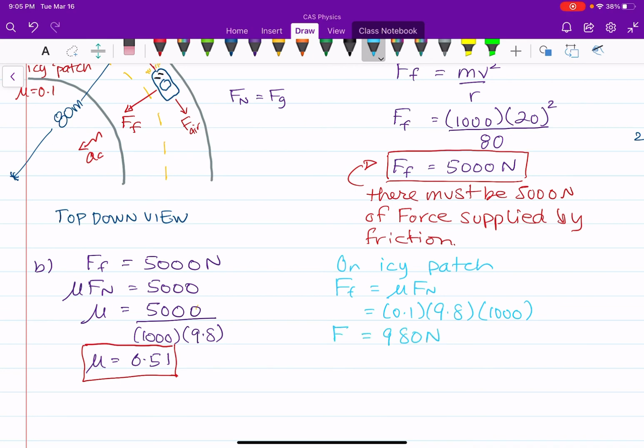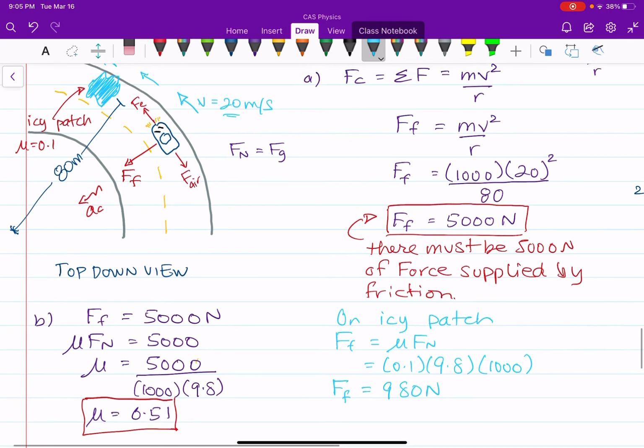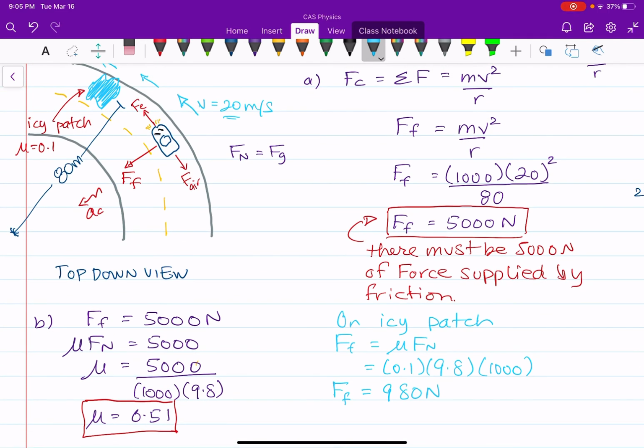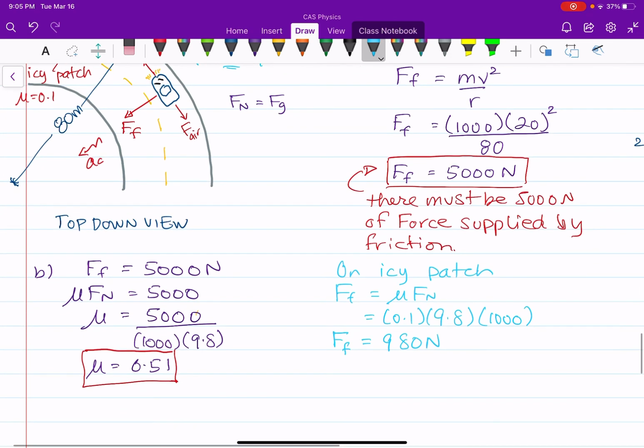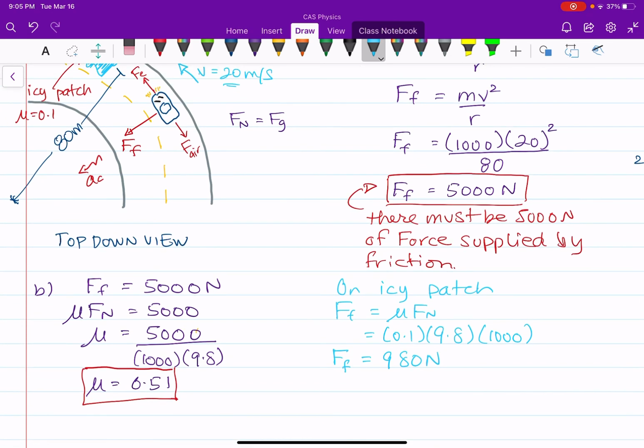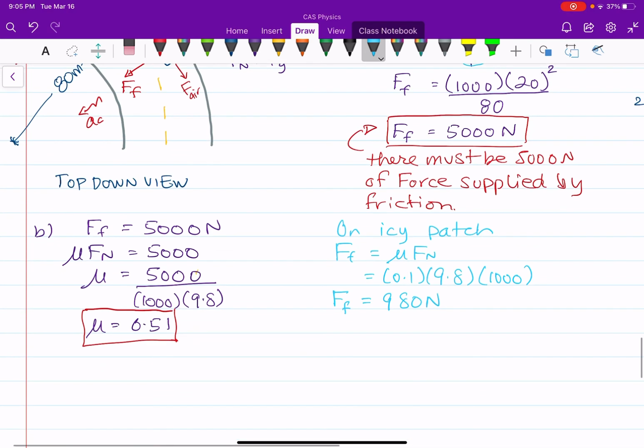So on that icy patch, only 980 newtons of force is supplied by friction. What we're saying is this car cannot make a turn at that rate, because if you look at this equation here, what it needs is 5,000 newtons. So this is the force you have.